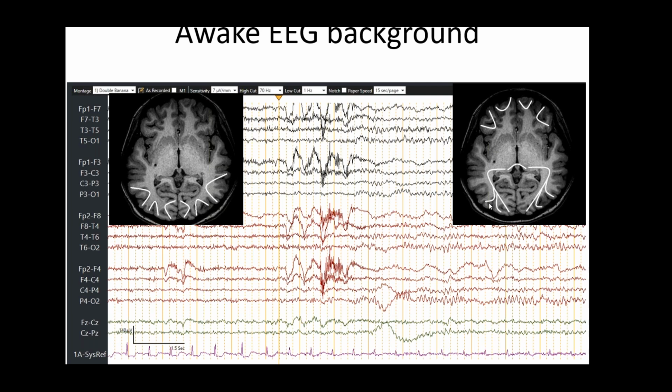So this calcarine cortex gets regulated by the lateral geniculate nucleus of the thalamus bilaterally. So you get a bilateral thalamocortical network. This thalamocortical network has oscillatory activity between 8 to 12 hertz. That's why for the alpha rhythm, you're required to be awake, you're required to have the eyes closed, and you need to be relaxed to have this beautiful alpha activity.